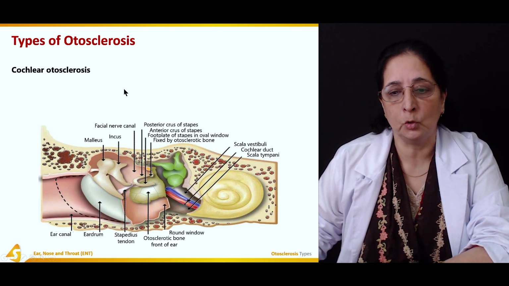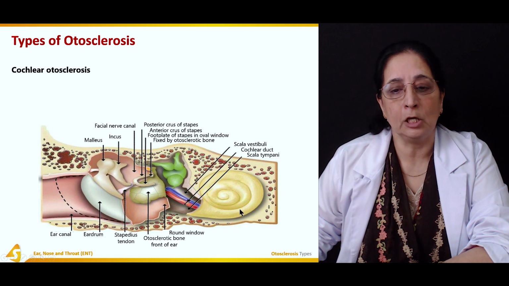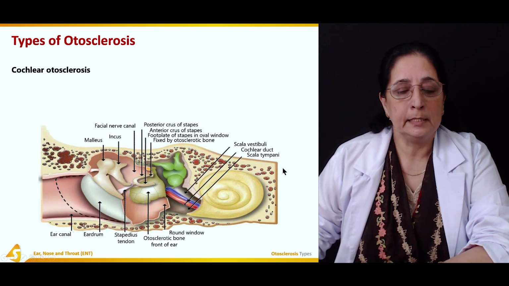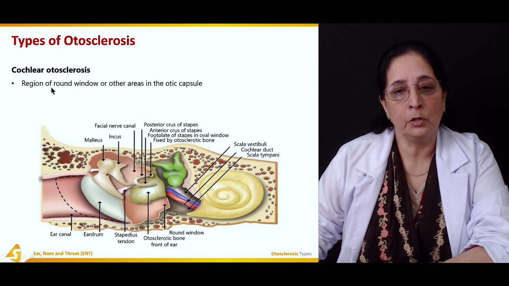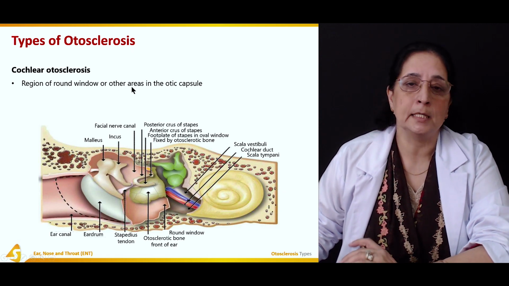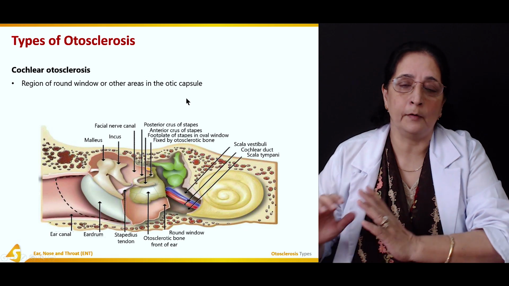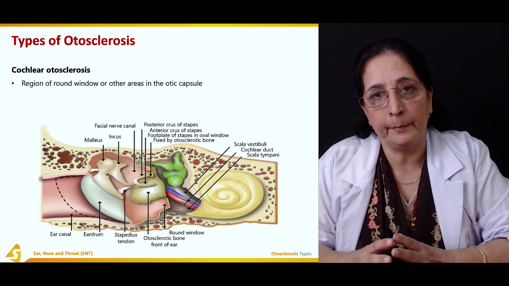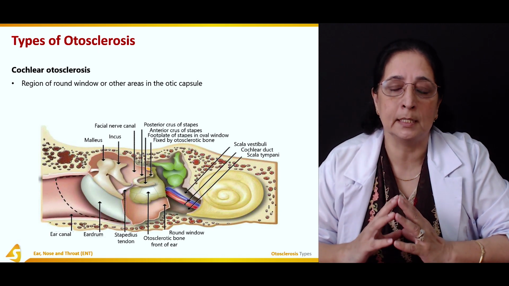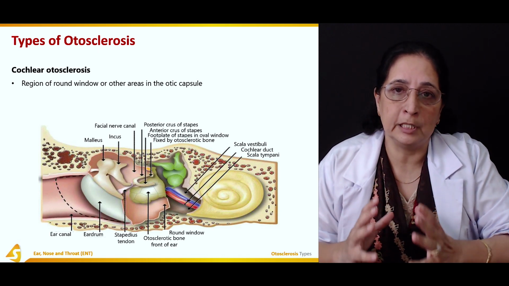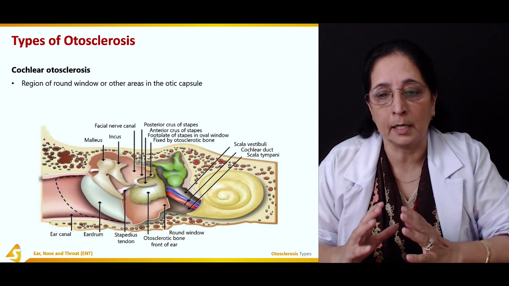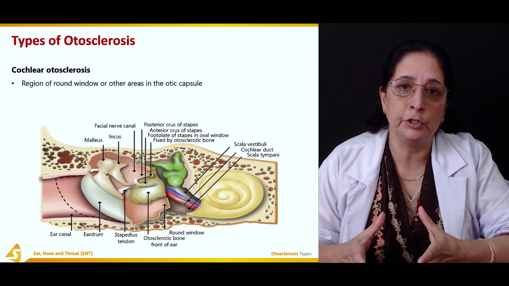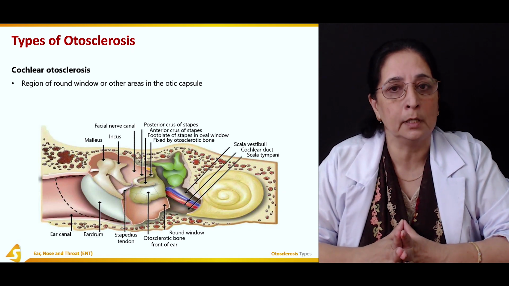The other type of otosclerosis is cochlear otosclerosis. As the name shows, it is involving the cochlea of the inner ear. So in this, the region of the round window or the other areas in the otic capsule are involved. We already mentioned the otic capsule is the bony labyrinth. The bony labyrinth is the rigid outer part, and it contains the cochlea, the saccule, utricle, and semicircular canal.